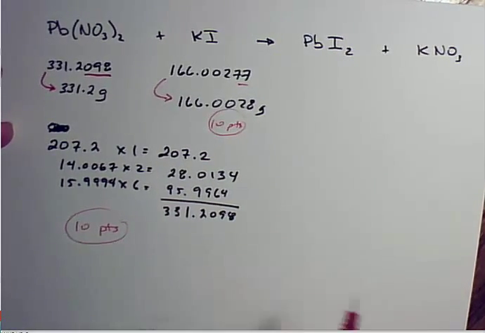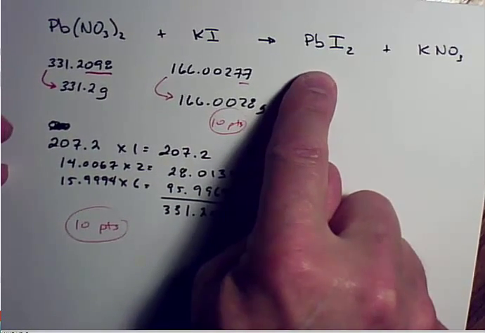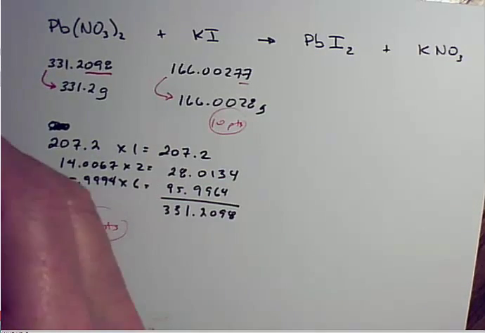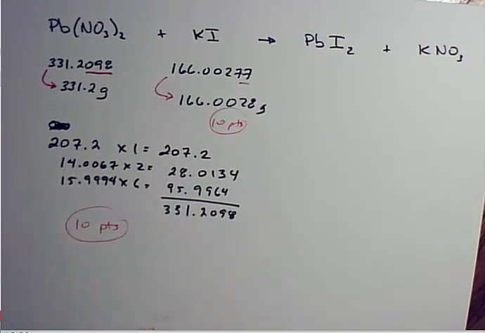All right, lead iodide, well, that's 1 lead, and it has a mass of 207.2. And then we have iodine, so there's 2 of those, 126.90447.